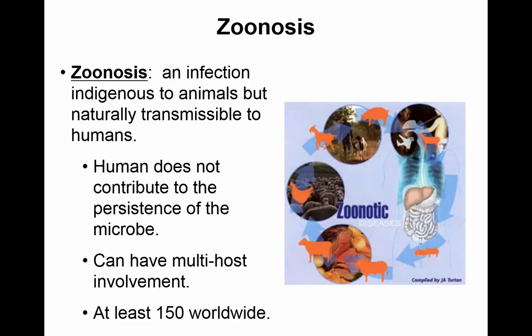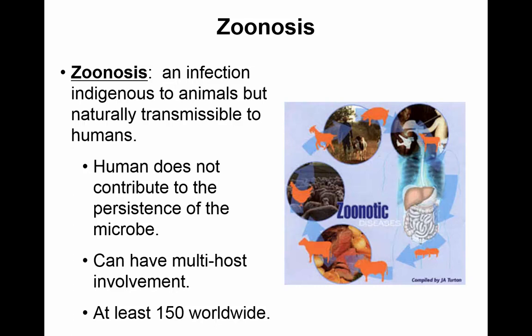Now here's another vocab term we need to be familiar with. It's zoonotic. These are infections that are indigenous to animals that can be spread to humans. And we hear a lot about bird flu. It started out in birds and it's now transmittable to humans.